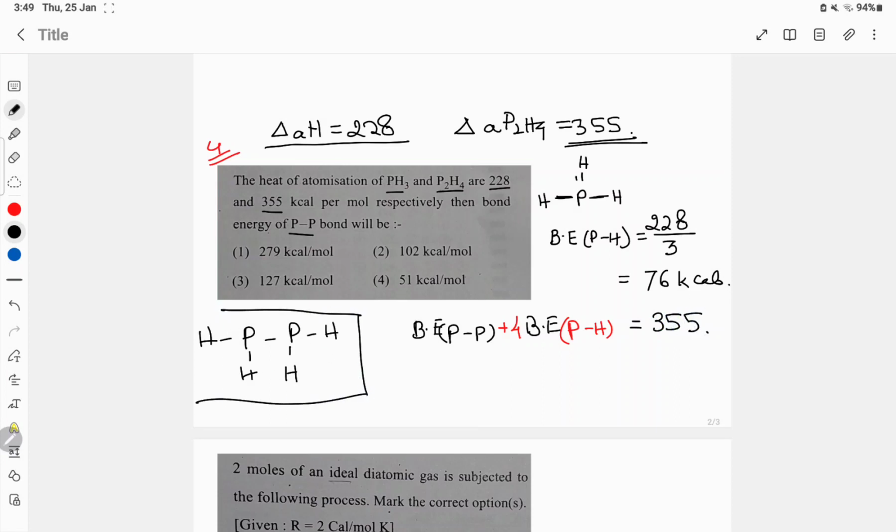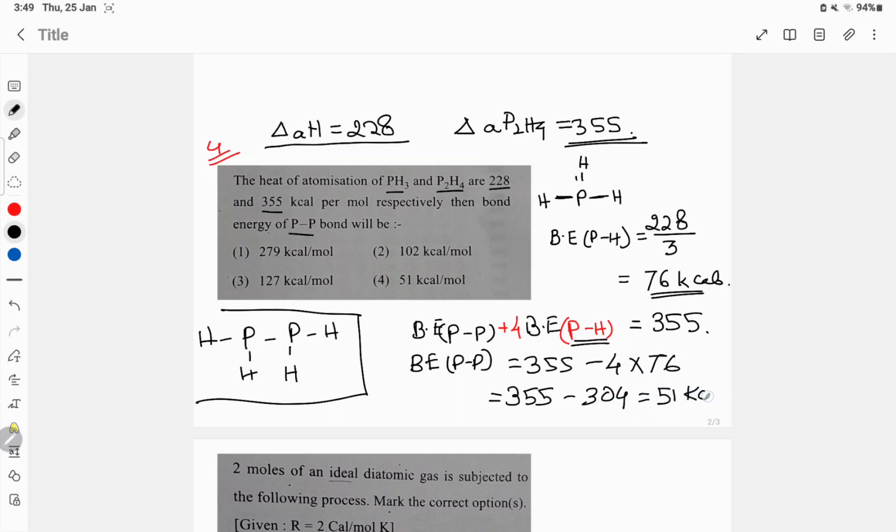So the bond energy of the P-P bond is equal to 355 minus 4 times the bond energy of the P-H bond. For the P-H bond the bond energy is 76, so 4 into 76 is 304. So 355 minus 304 is 51 kilocalories per mole. So the correct answer is 4.